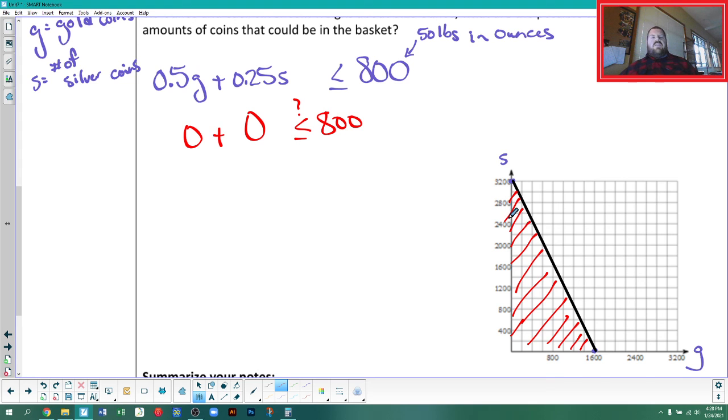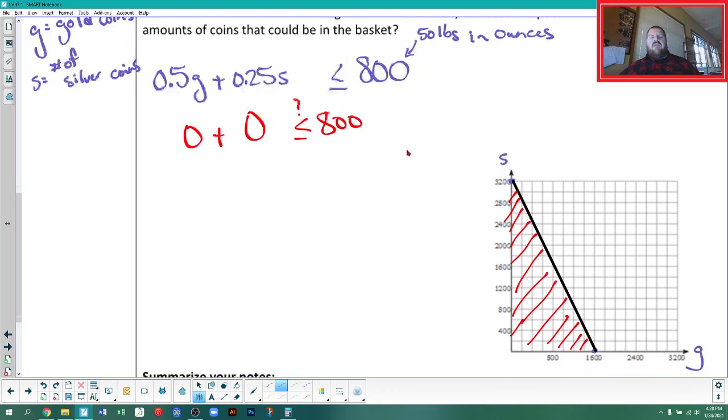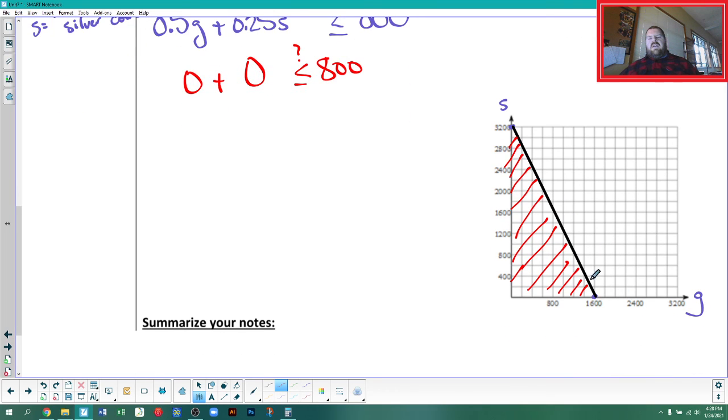So coming from this, what are the possible different amounts of coins that could be in the basket? Anything that would fit into this region. Okay, it's really hard to say in words how it can be, but that's kind of the idea, is that we're finding a way to display our solution, being that we can have 3,200 silver coins and no gold coins, all the way to 1,600 gold coins and no silver coins.